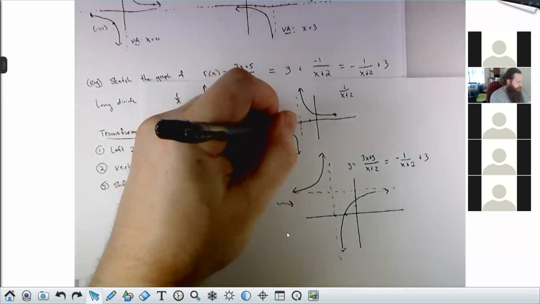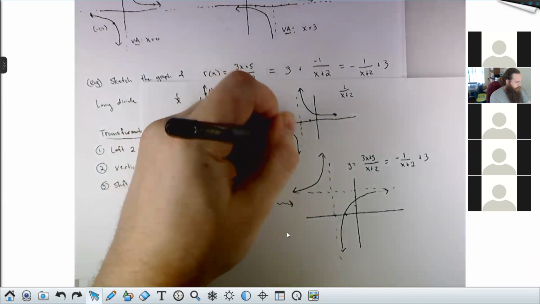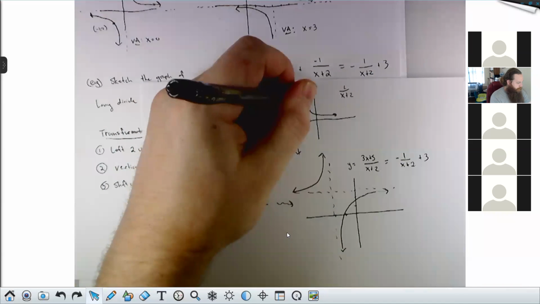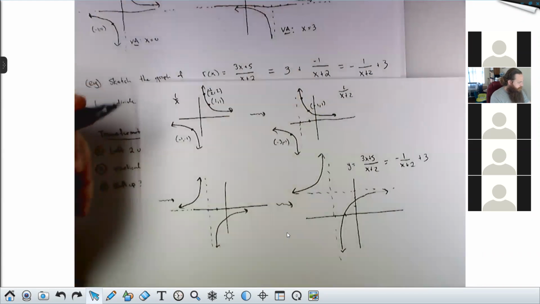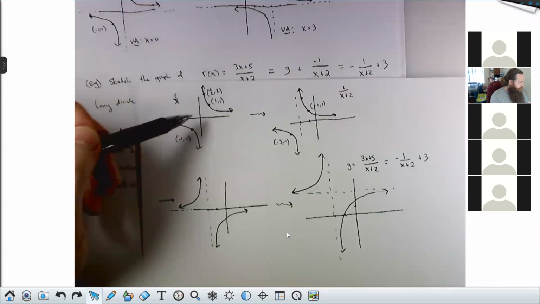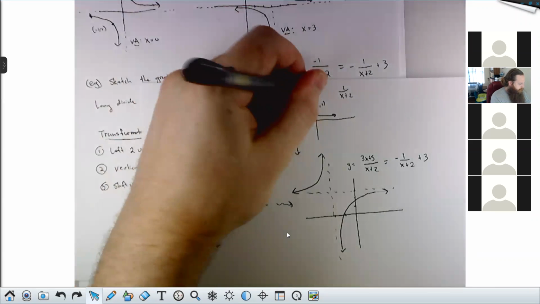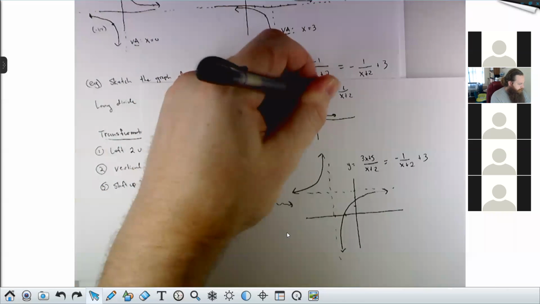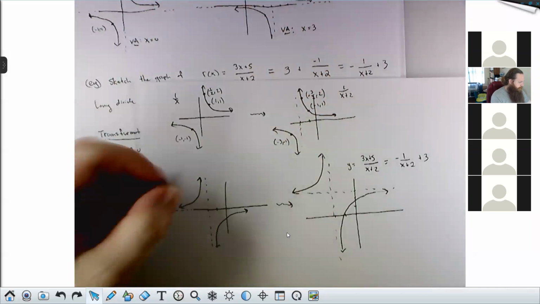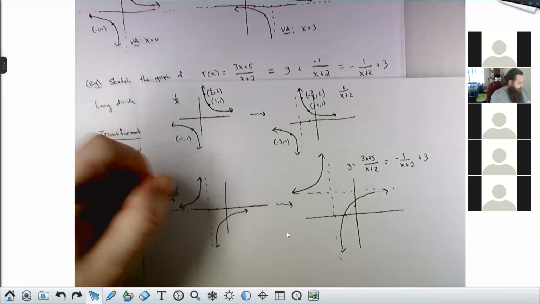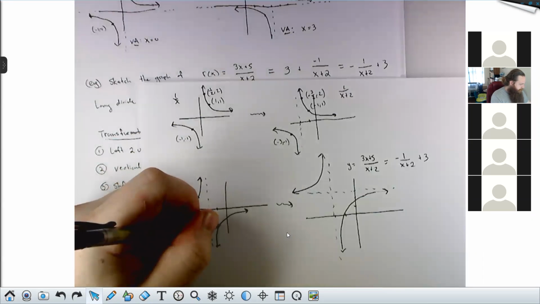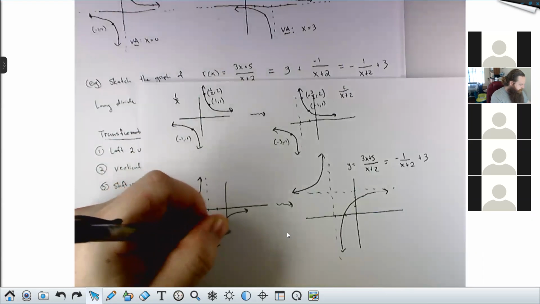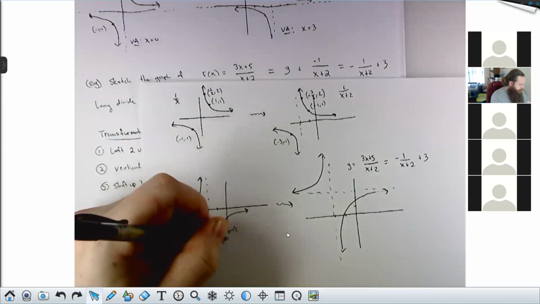So when we drag left, this would become (-3, -1). (1, 1) would become (-1, 1), and (2, 1/2), right? And then (1/2, 2): 1/2 minus 2 is -3/2. When we flip these, those would become (-3, 1), and these guys would become, let's say, (-1, -1), and (-3/2, -2).